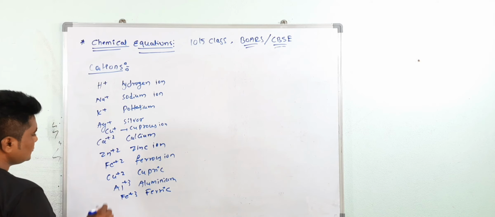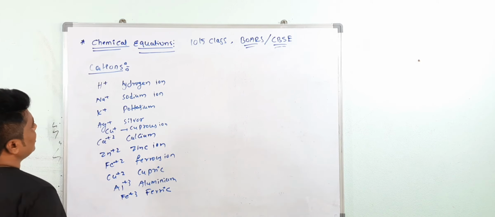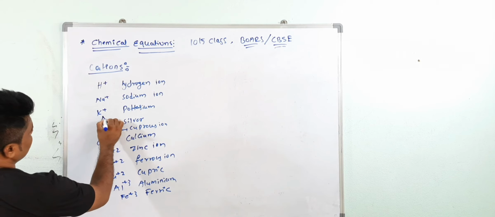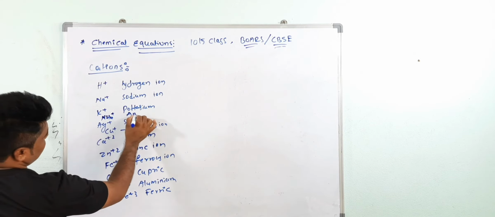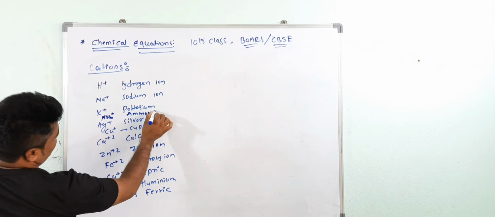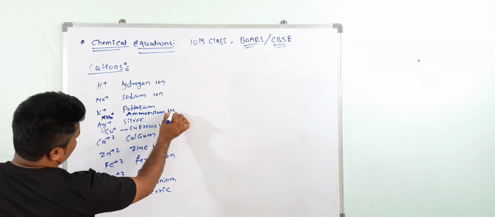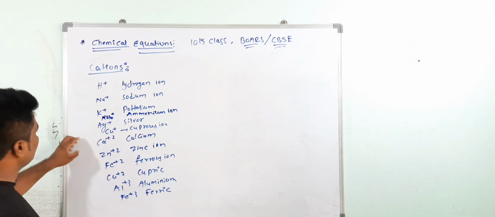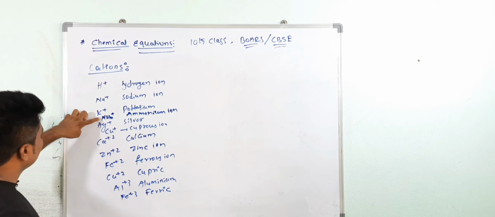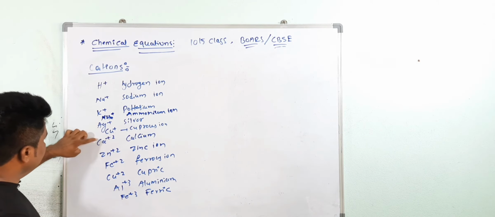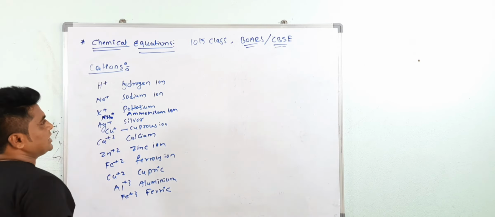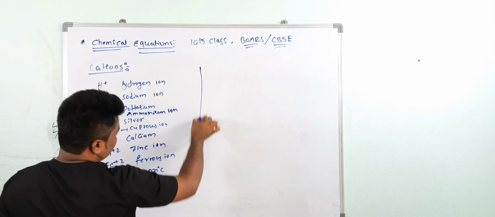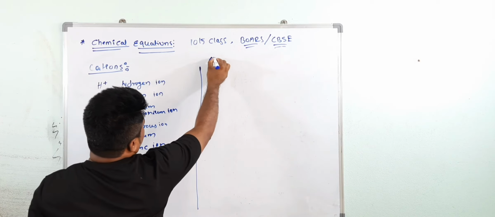So these are some cations. And one more monovalent ion, NH4+, called ammonium ion. These are some cations. How many? 1, 2, 3, 4, 5, 6, 7, 8, 9, 10, 11, 12. These are 12 cations.